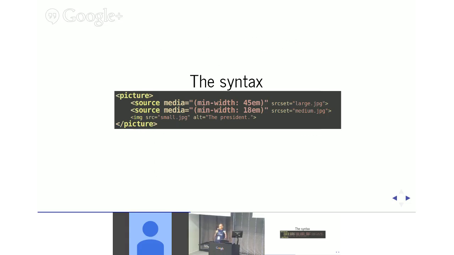So the browser can go over the source elements one by one and pick the first one with a matching media attribute and a matching type. And then it looks into the source set attribute and just picks the resource that fits whatever DPR it needs to fit.